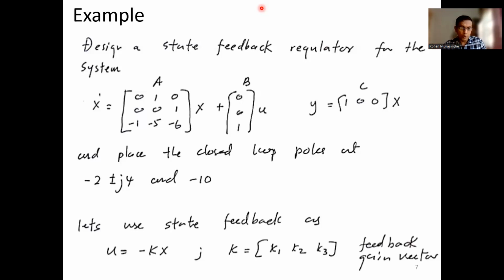None of these controllers are optimal, right? But they do a good job, and you get your poles located at desired values. But there's no assurance whether this is the optimal controller, which means the controller which brings the system from one state to another in an optimal manner, consuming as little energy as possible, or in minimum time.